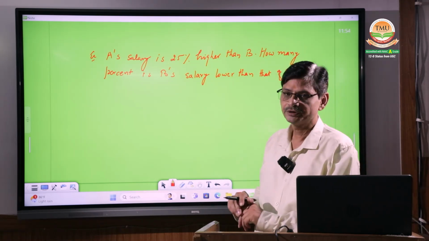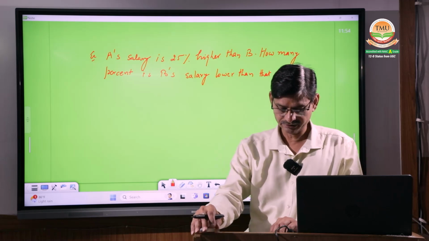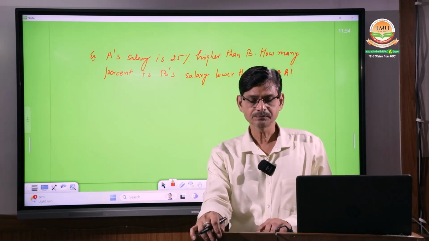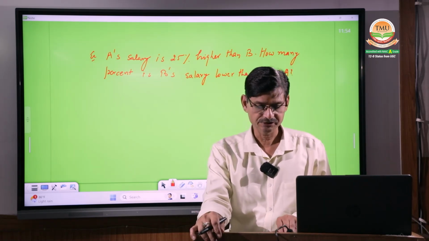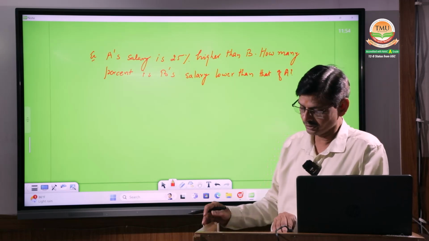A salary is 25% higher than that of B. How many percent is B salary lower than that of A?